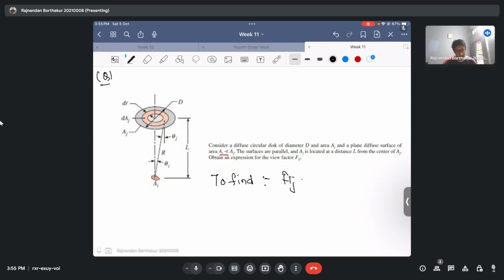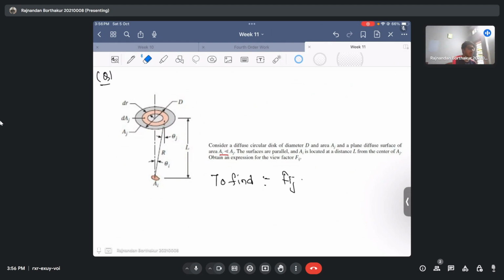Given this orientation of Ai and Aj, and the areas of these two objects which we know, it is also given that for the larger area Aj, the diameter is D. And the distance between the centers of these two areas is given by L. Now, given this scenario, you need to find the view factor Fij, which means the radiation that is leaving surface i that is intercepted by surface j.